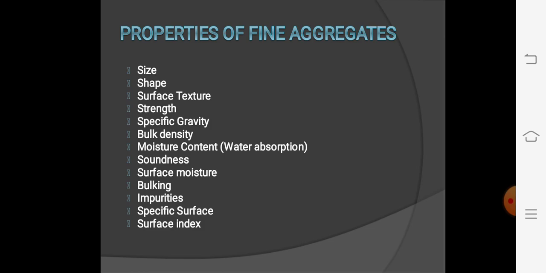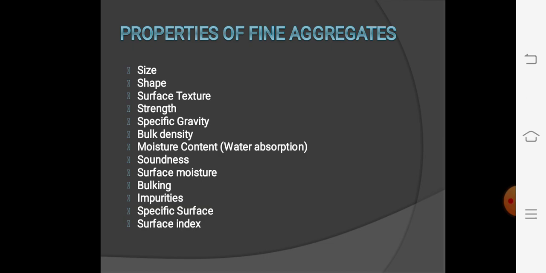So the first one is size of aggregate, then next shape of aggregate, then the third one is surface texture of aggregate, strength of aggregate, then specific gravity, bulk density, then moisture content, means water absorption, then next soundness, surface moisture, then bulking, impurities, then specific surface and surface index. Okay, these are the properties of fine aggregate.